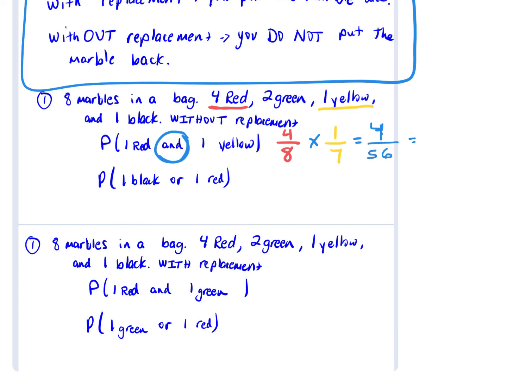What does it simplify to? 1 over 14. Any questions on that one?